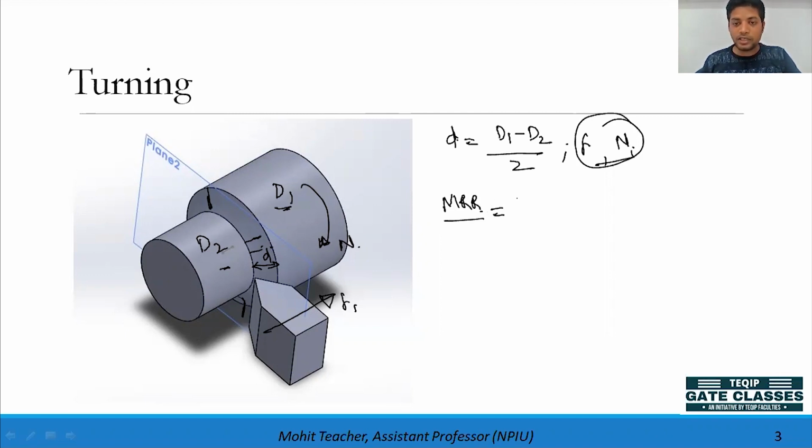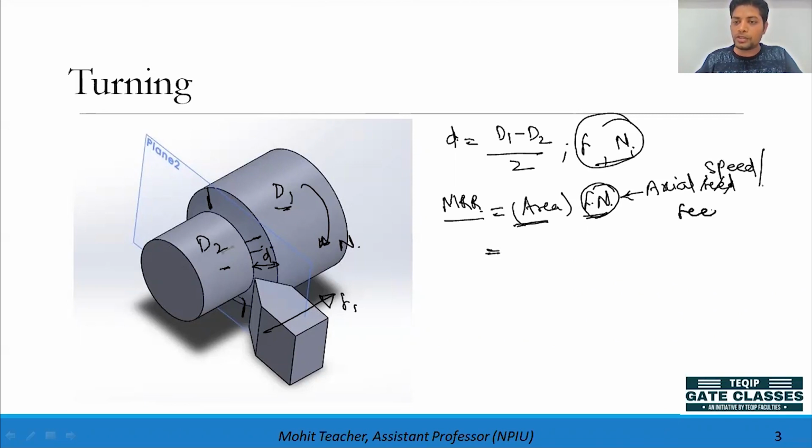So that is nothing but the area removed into f into N, where f into N is the actual speed in that direction. Sometimes in numerical problems it is written with the feed.